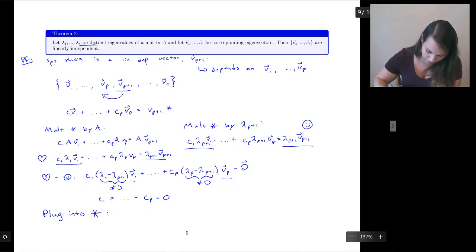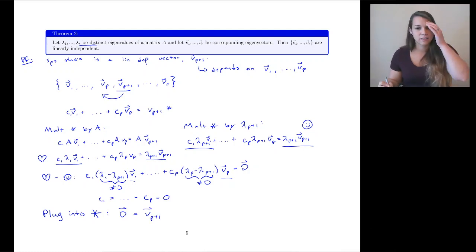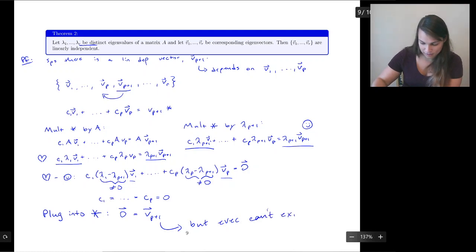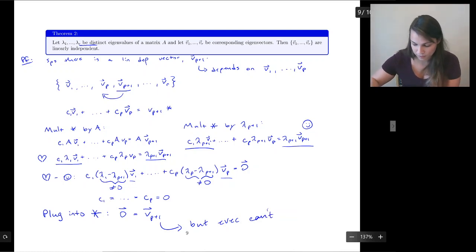That means you have 0 plus 0 plus 0 plus 0 is equal to this guy. So that means our problem vector V was equal to the 0 vector. But I said he was an eigenvector. But eigenvectors can't be 0.